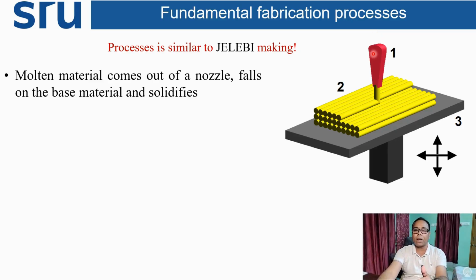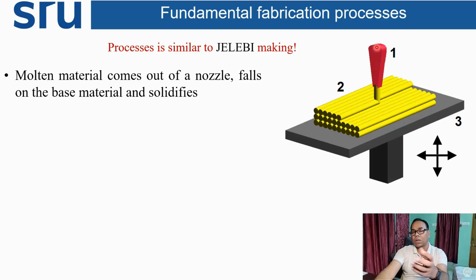Similarly, the nozzle diameter in a commonly used FDM machine is 0.4 mm. So liquid material will come out from that 0.4 mm diameter nozzle only.